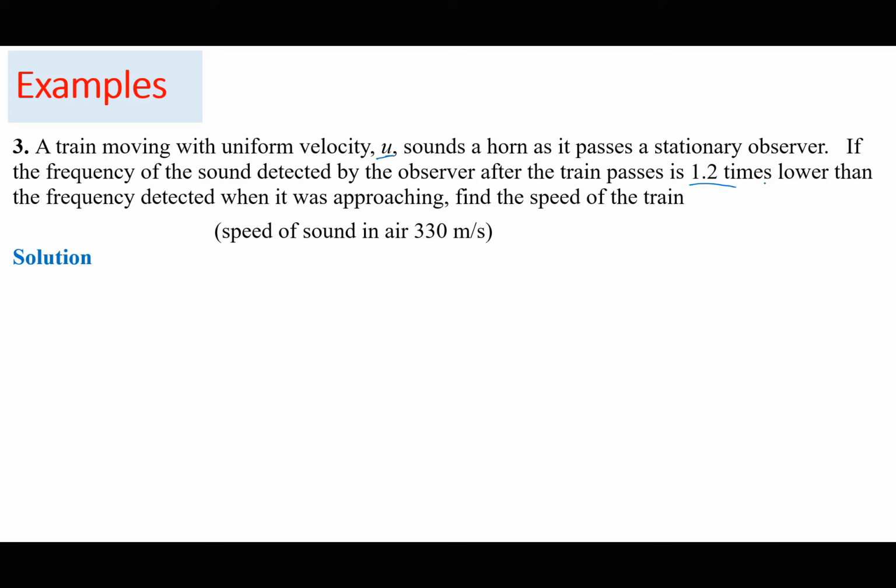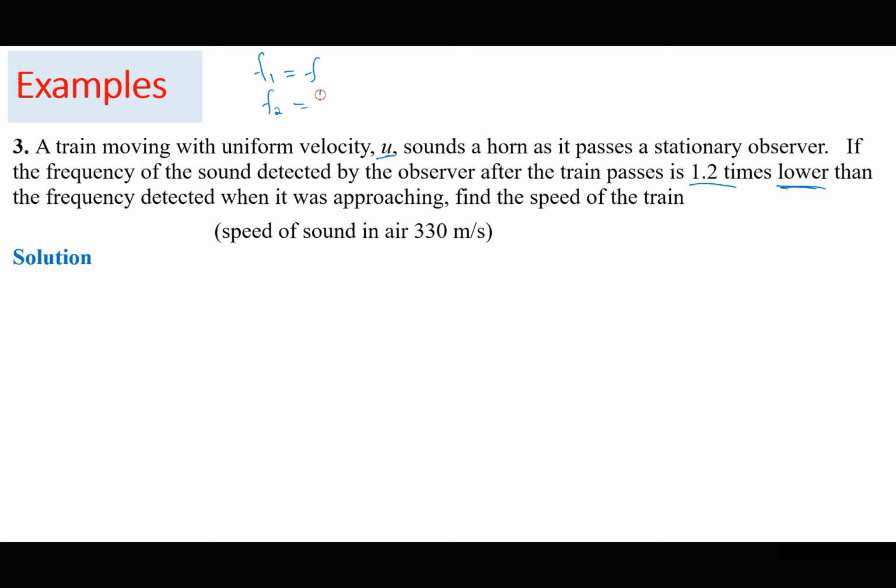So let's say the frequency when it was approaching, I will call it f1, is equal to f. That's when it was approaching. Then when it was moving away, it is lower. So because it is lower, instead of multiplying by 1.2, we shall say 1 over 1.2 times f.